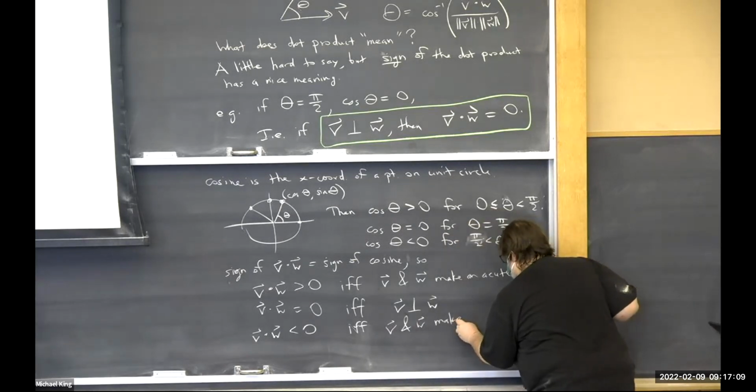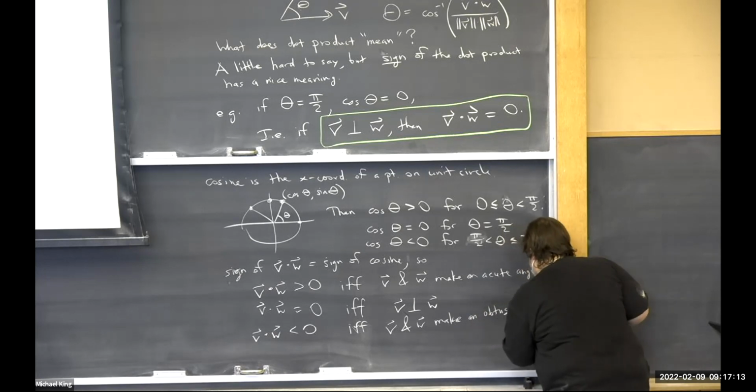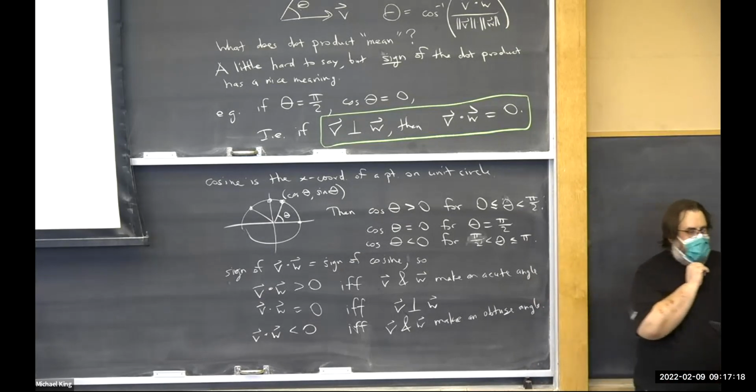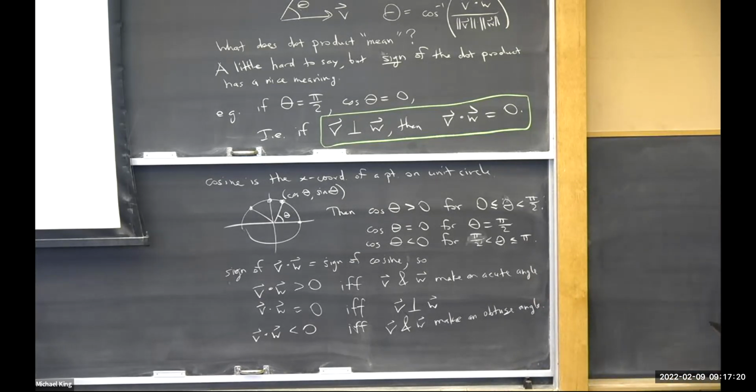Sometimes you just want to get some vague sense: do these vectors point in vaguely the same direction or vaguely the opposite direction? One way to do that is to just take the dot product and see. Good.